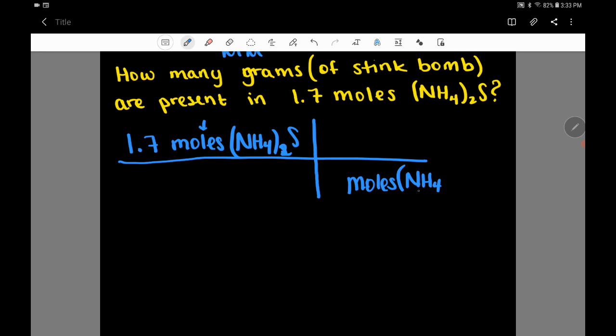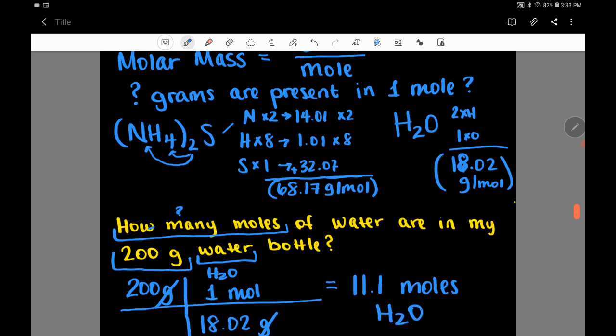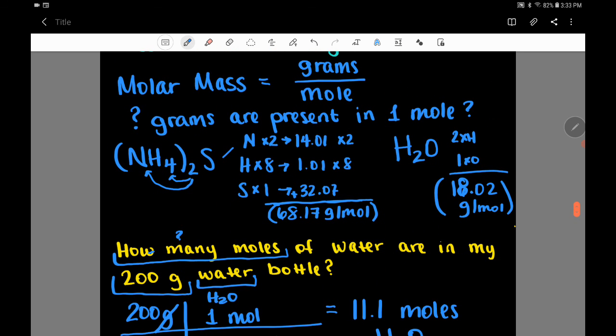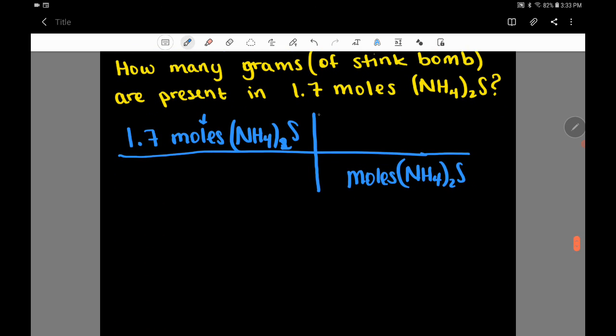of ammonium sulfide. And if we look back up, that weighed 68.17 grams. That number is always going to stay with the grams: 68.17 grams of ammonium sulfide for every 1 mole of ammonium sulfide.